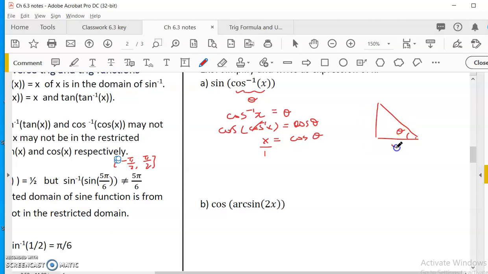Cosine is adjacent over hypotenuse, x over 1. So b squared plus x squared equals 1, so b squared equals 1 minus x squared. Of course, x has to be between 0 and 1. So b is the square root of 1 minus x squared. Sine theta is opposite over hypotenuse, so it is the square root of 1 minus x squared.